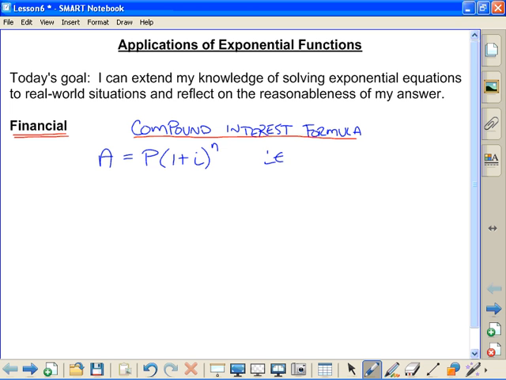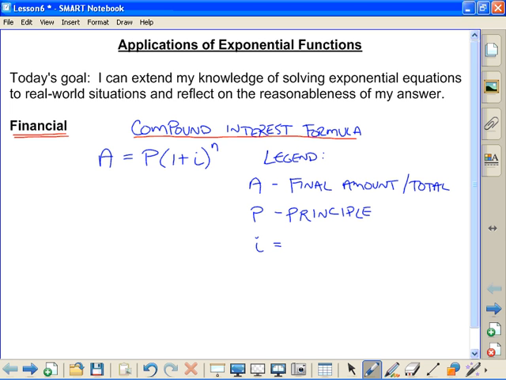So your legend: A is your final amount or total. P is your principal. That's how much you invested originally.